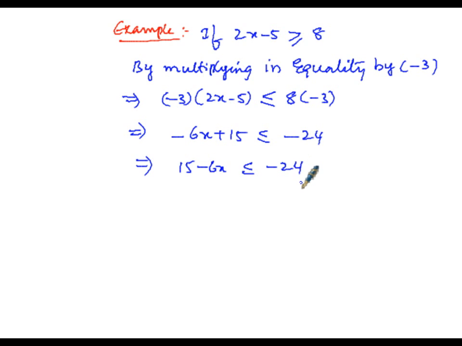So, in this manner, when we multiply an inequality with a negative number, the inequality sign changes its direction. Greater than or equal to becomes less than or equal to. Therefore, 15 minus 6x is less than or equal to minus 24.